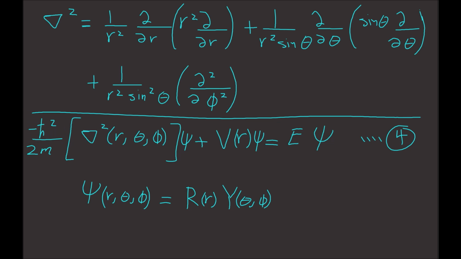But before we do this, I'm going to draw my coordinates here so we can have an imagination of what's going on. So this is the y-axis. This is the z-axis. This is the x-axis. Our electron is here, and the origin, the center of this drawing, is the nucleus.